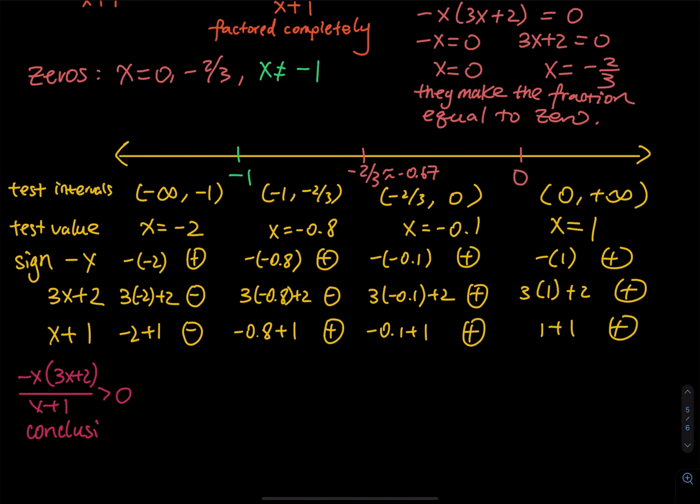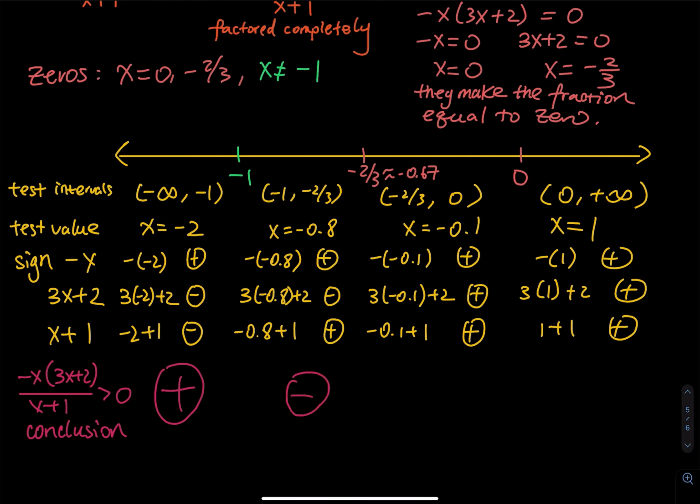Okay, now let's do the multiply. So we have a negative x times that divided by that. So this is positive times negative, which is negative. Negative divided by negative, you have a positive. Positive times negative is negative. Negative divided by positive is negative.